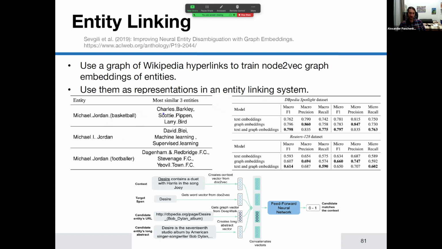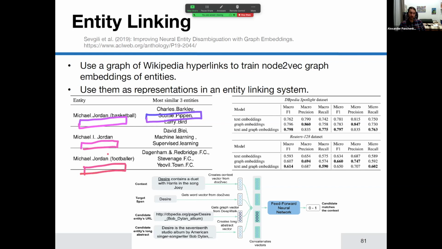So let's say you have some vector of context which corresponds to a text, and then you have a vector, like a network embedding, which corresponds to this guy and this guy and this guy.